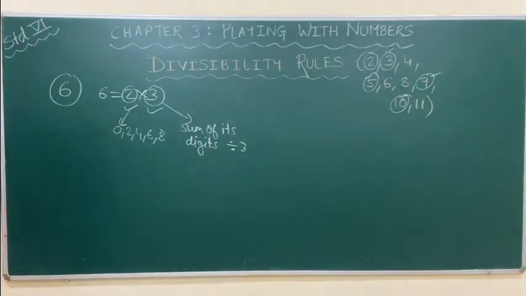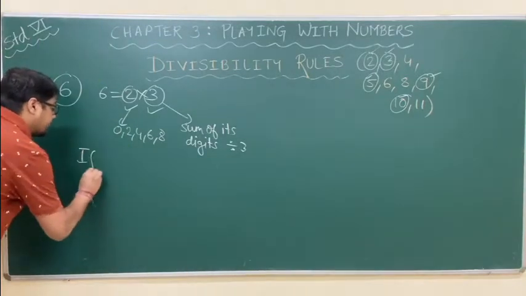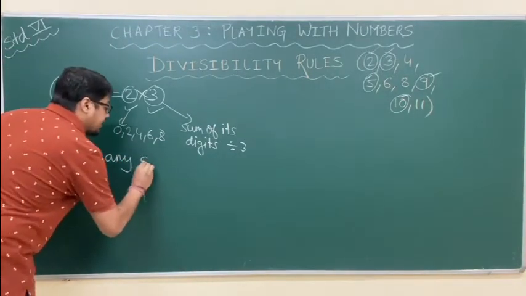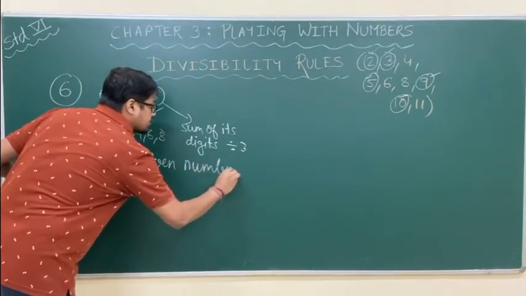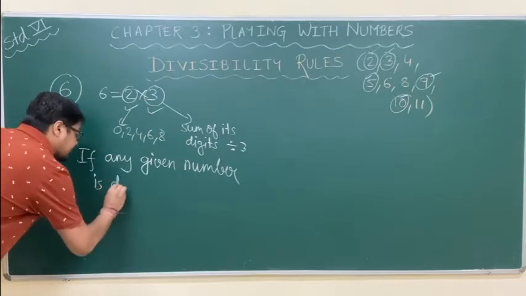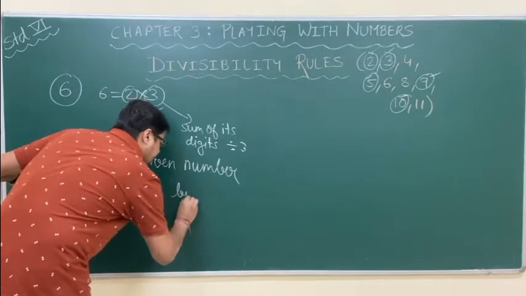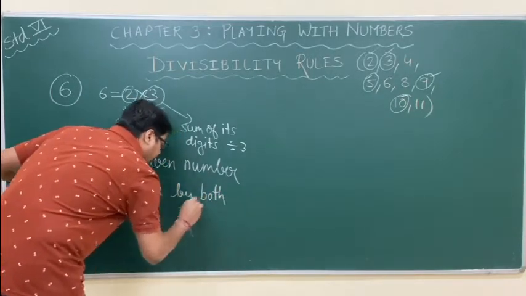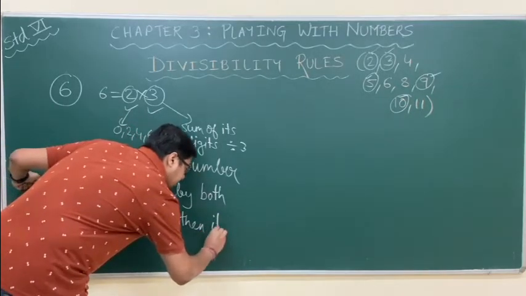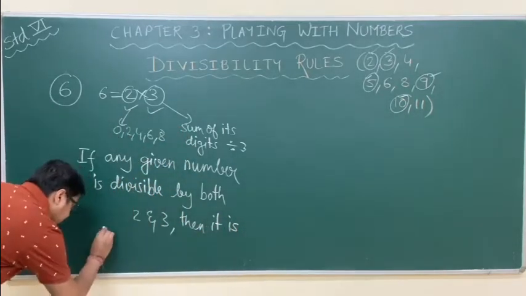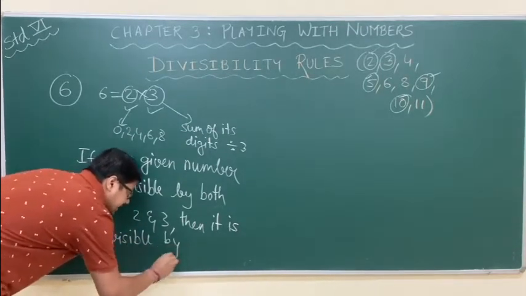Okay. So what is the rule for a number to be divisible by 6? I will write it now. If any given number is divisible by both 2 and 3, then it is divisible by 6.